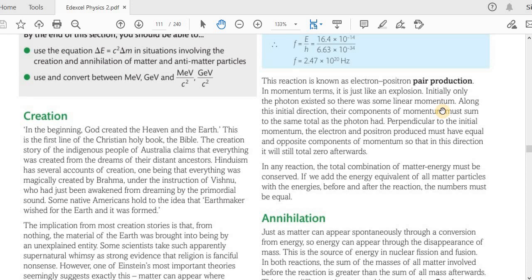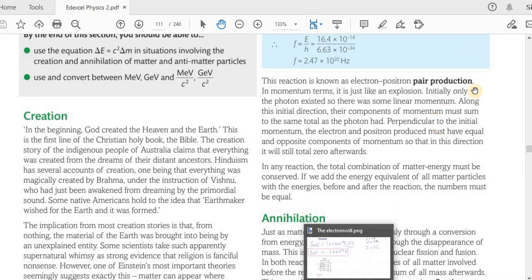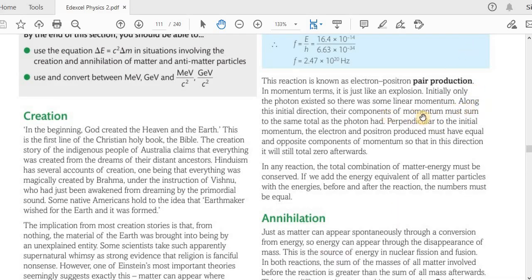So always if it's an explosion, we can assume the things are stationary, and then suddenly things move apart. That's what is explained here: along the initial direction, their components of momentum sum to the same total as the photon had, perpendicular to the initial momentum.